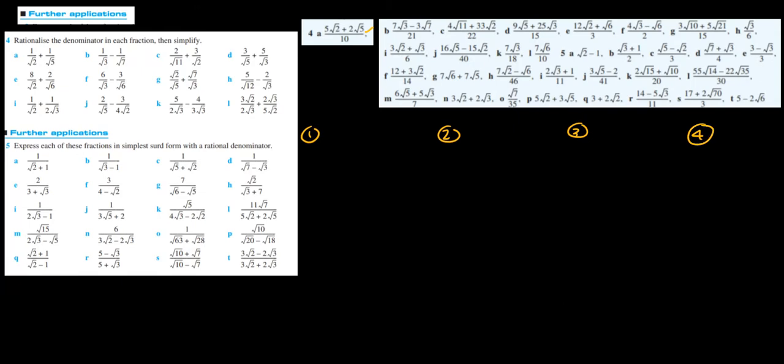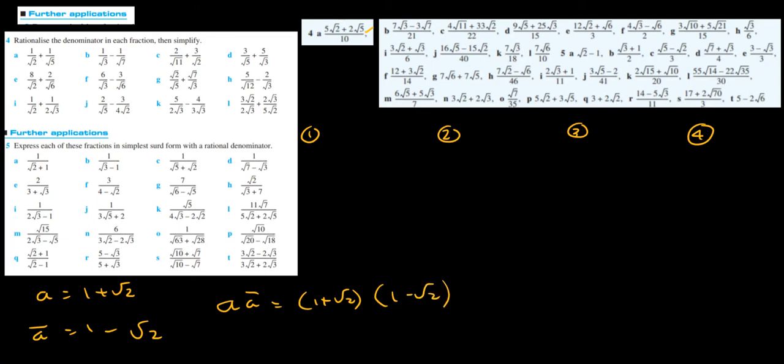So the conjugate of something, if we have a is equal to 1 plus the root of 2, the conjugate is written a with a little hat on: 1 minus root 2. So if we look at the product, something really special happens. 1 minus root 2 plus root 2, negative 2, they cancel and we get negative 1.